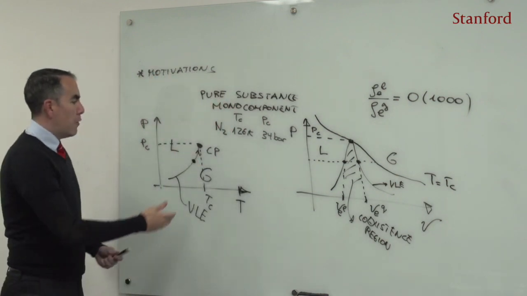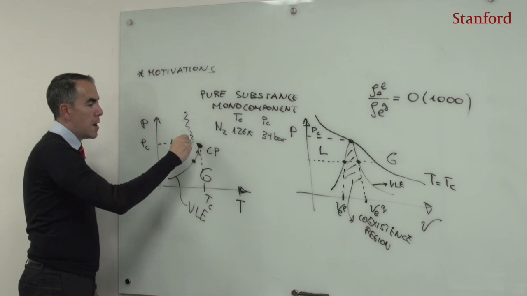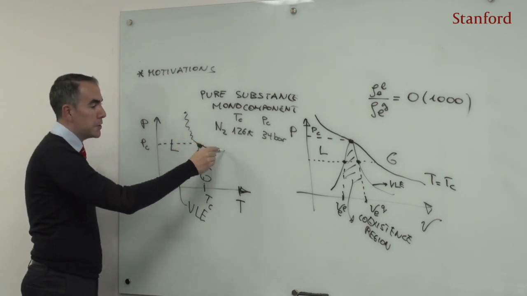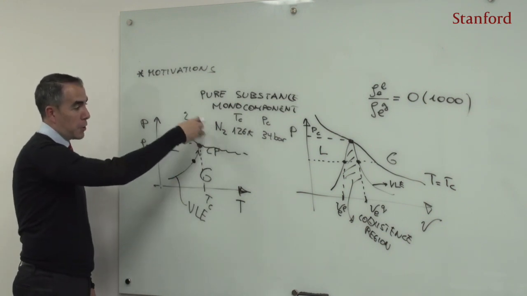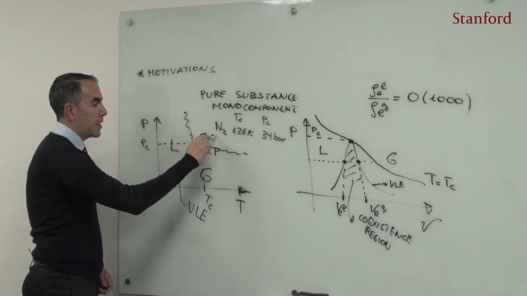So if I go above, if I start increasing the pressure here, I'm going to hit this region. But notice that I'm not bounding it by any straight line or anything like that, because it is difficult to bound it correctly. Up here, the fluid is going to be supercritical.